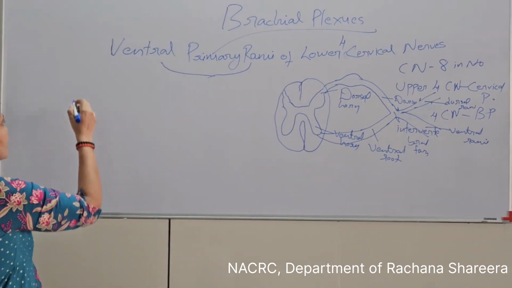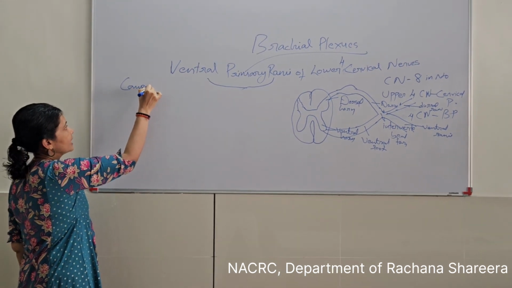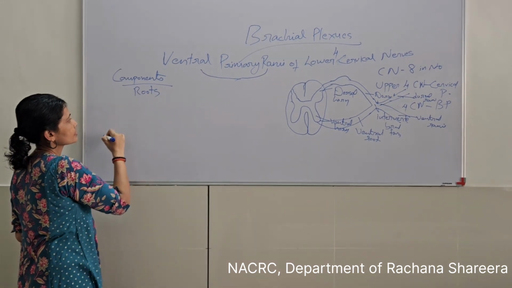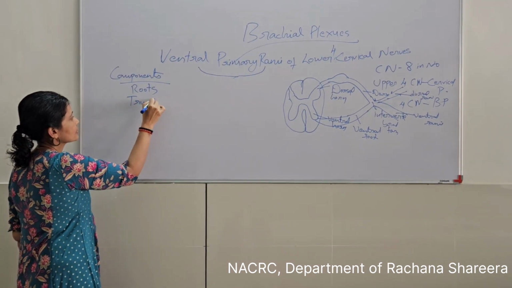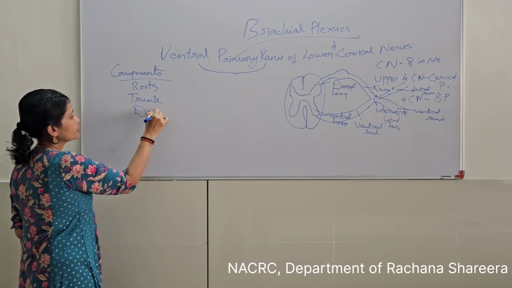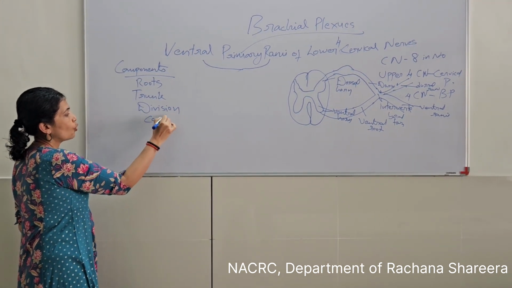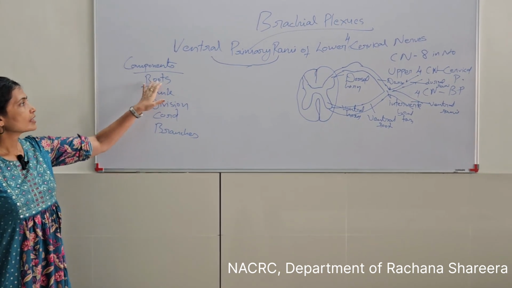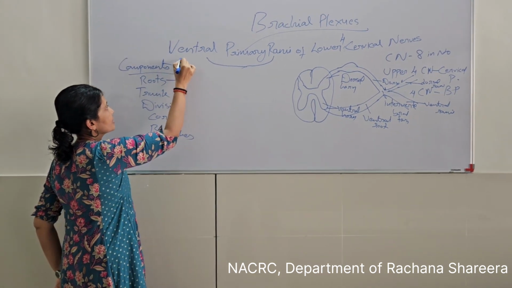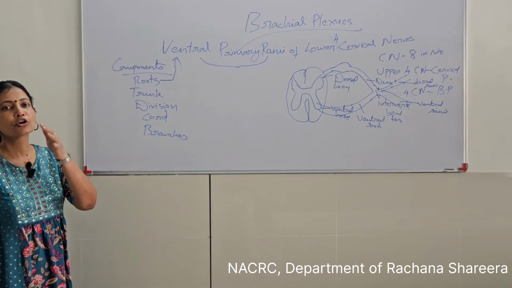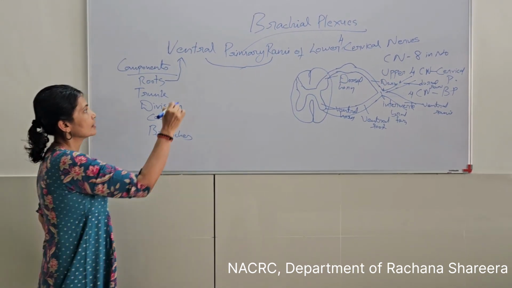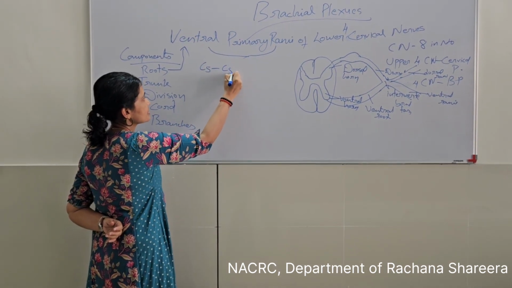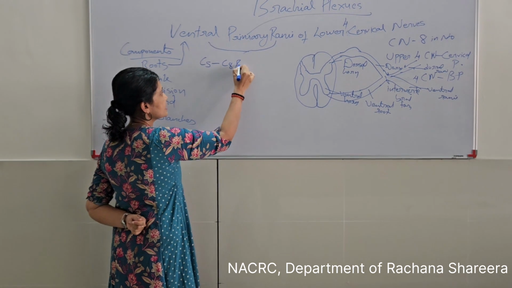Next, what are the components of the brachial plexus? So it contains roots, then trunk, then division, then cord and branches. Now what are the roots? These roots are the ventral rami of lower four cervical nerves. So lower four, we consider it as C5 to C8 and also T1.